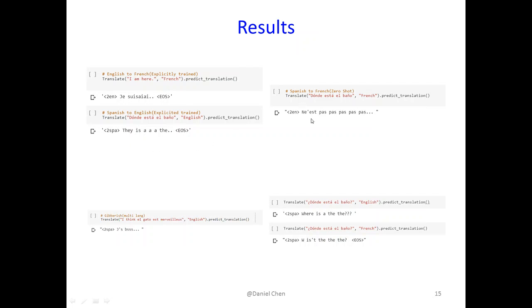And then with the zero shot, Spanish to French, donde está el baño again, and where's the bathroom? This is all little bits of French pieces. So like not is not, but it does seem to know. It does seem to translate from Spanish to French to some degree. It's not perfect.